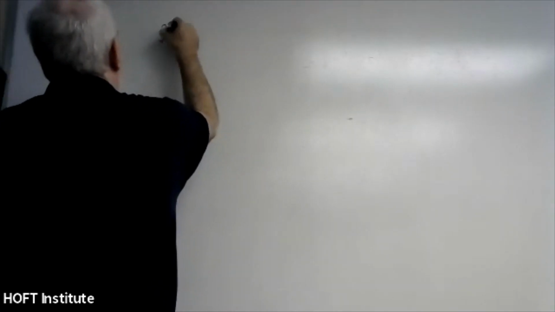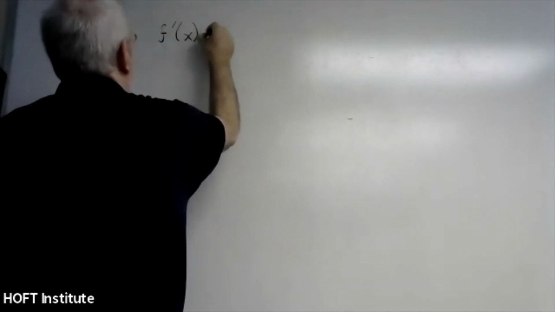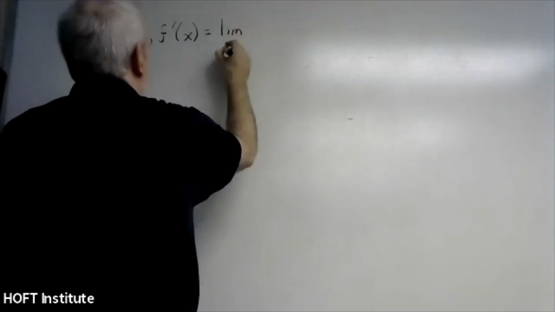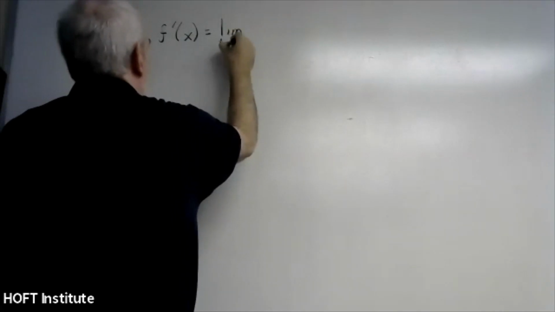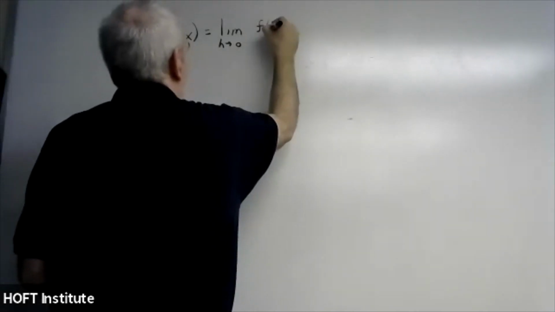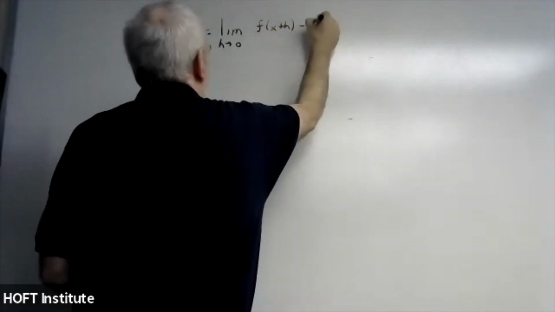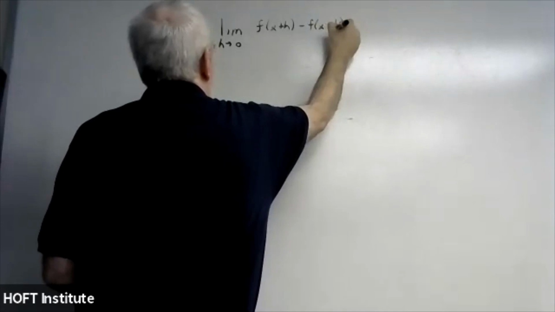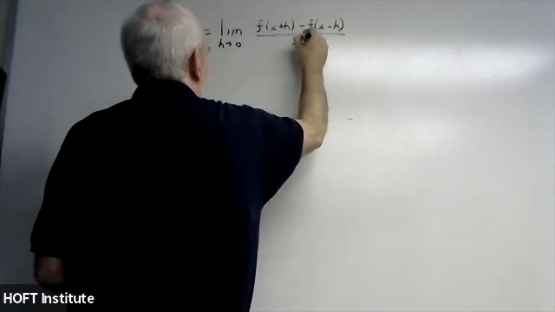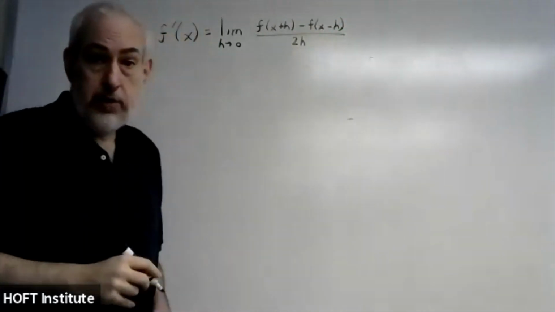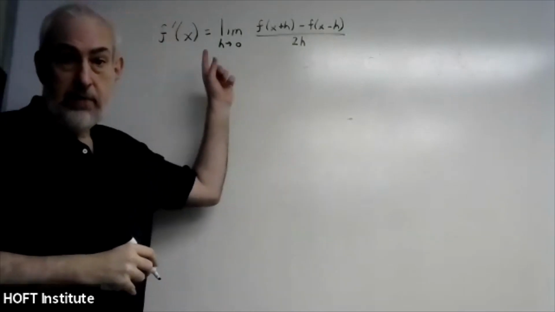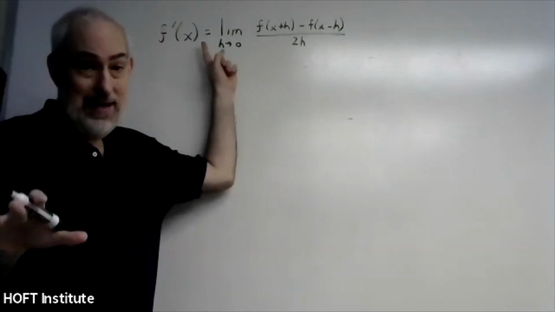They say they're going to define the derivative of f at x to be the limit as h approaches 0 of f of x plus h minus f of x minus h all over 2h.